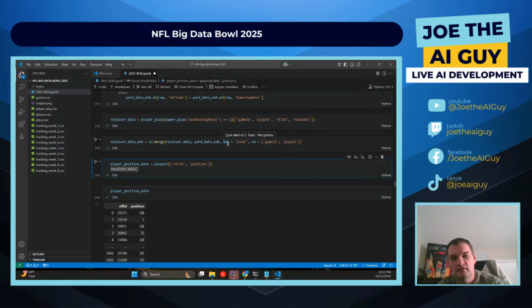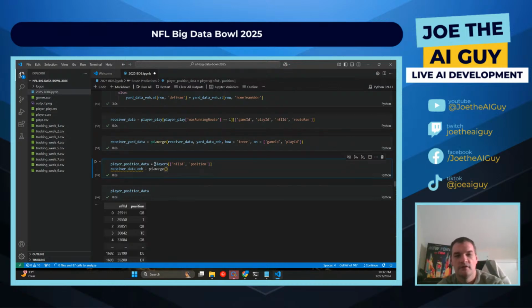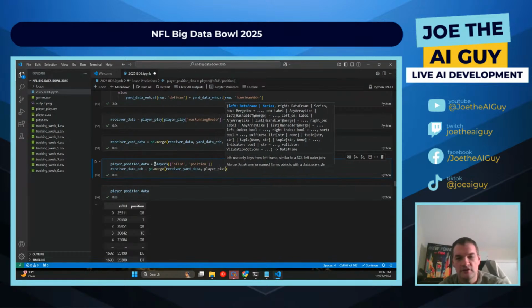We'll go receiver data. I always try and keep that ENH as the last table that we're doing, so we have to go back and change this one. Call this receiver yard data. And this should be pd.merge. And take that receiver yard data, and we're going to take the player position data.